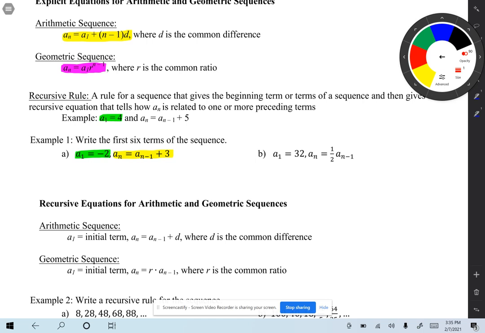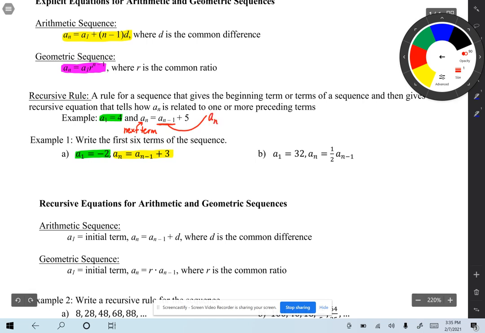We know that the left side means nth term, but what does this mean? That means the previous. Because if this is the nth term or the next term, same thing, then if n represents the next term, then n minus 1 has to be the one before it. So the previous term.